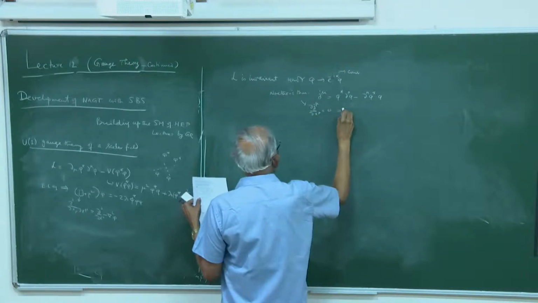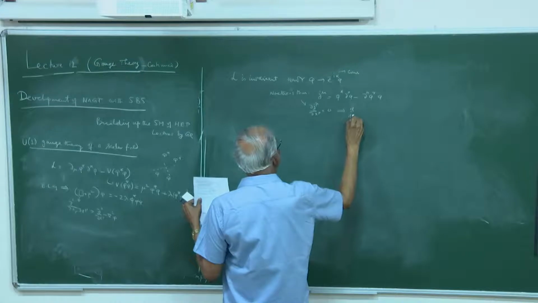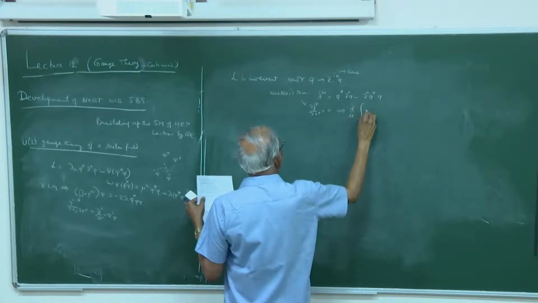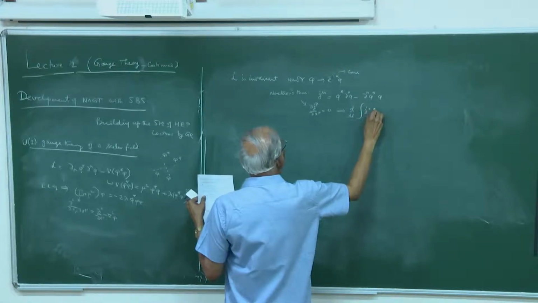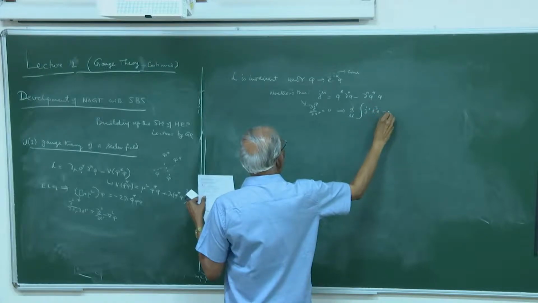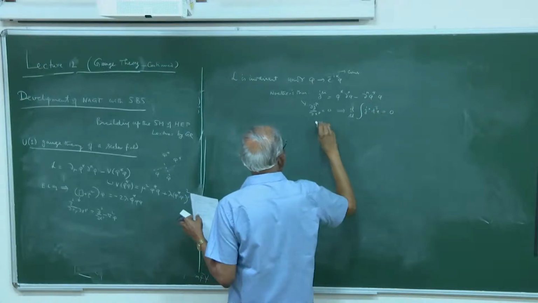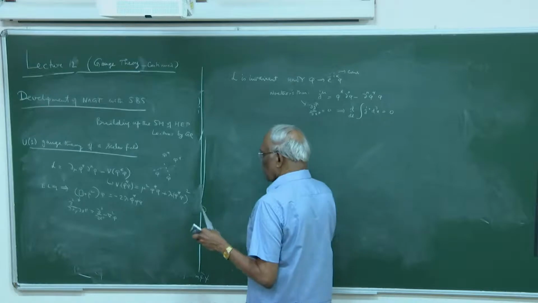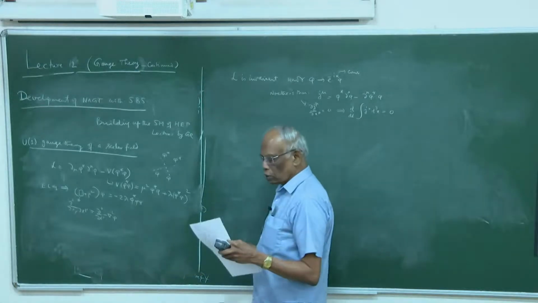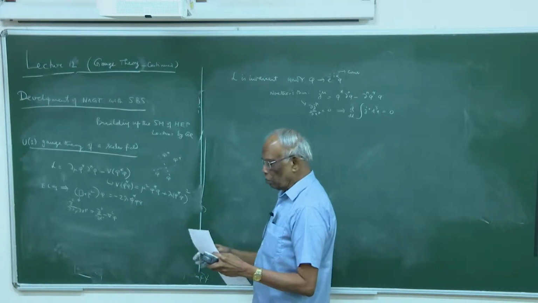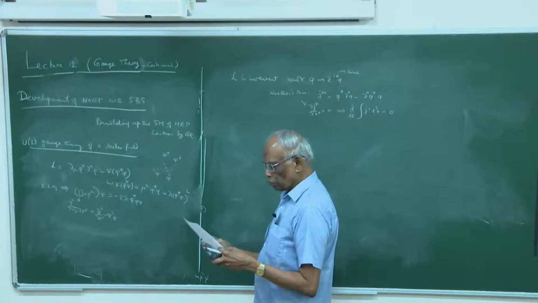So again from this you can get d by dt of the integral of J0 d cubed x, by bringing out the divergence and integrating it over all of space using Gauss theorem and taking the surface term to be 0.